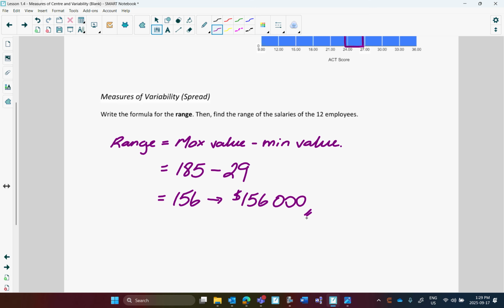So the range is a very quick way to ballpark how spread out something is, but there are other measures that we're about to talk about that are more useful.